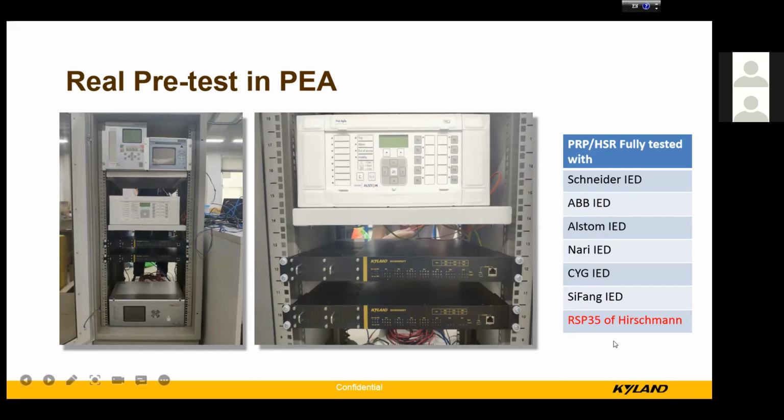Also, there is a supplier, the distributor of Hushman. They built the network with half KYLAND switches and the other half Hushman switches, and in the end they connected with each other. So it was also fully tested in this project.